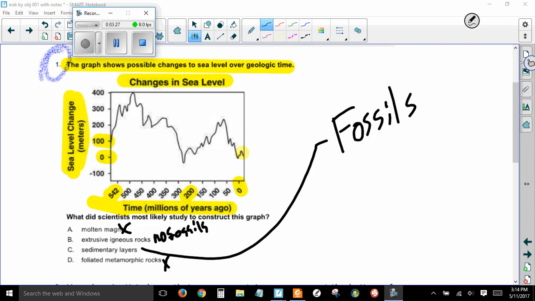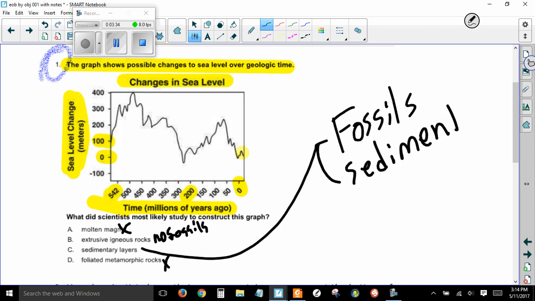So sedimentary rocks have fossils. They also have sediments. And again, sediments can tell us whether it was formed at the bottom of an ocean or whether it was formed at the surface. So the best answer here is going to be sedimentary rock layers.